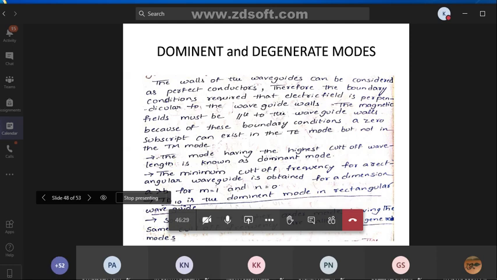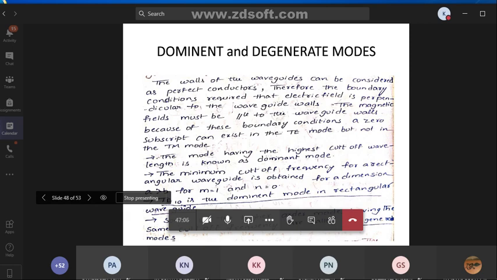If cutoff wavelength is high, then what about the cutoff frequency? Cutoff frequency will be low. The mode having the highest cutoff wavelength is known as the dominant mode. The minimum cutoff frequency for a rectangular waveguide is obtained for a dimension A greater than B, for m equal to 1 and n equal to 0. So for TE modes, TE10 is the dominant mode in rectangular waveguide.